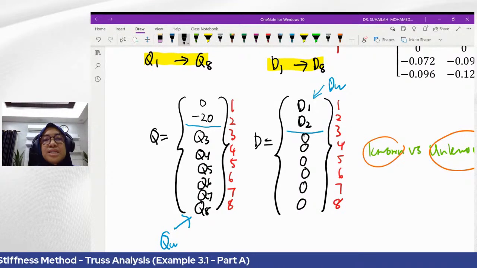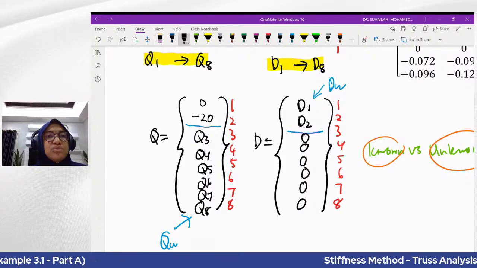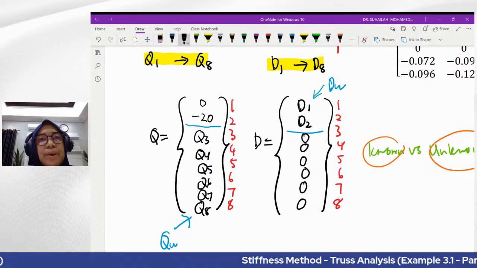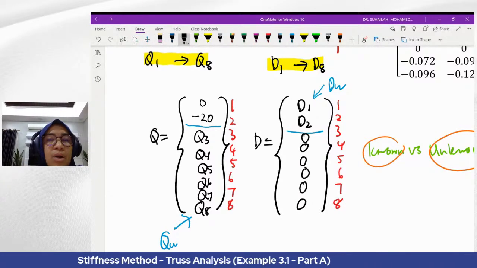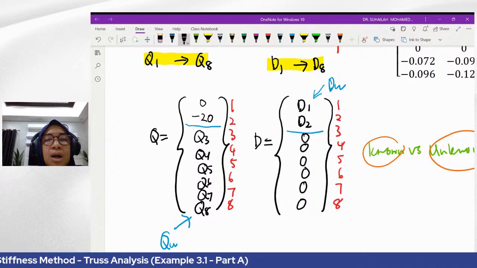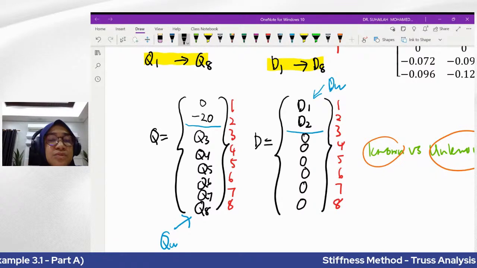Okay, so this is very important for you to understand how to fill in the values or symbols in nodal forces and nodal displacement written in matrix form.